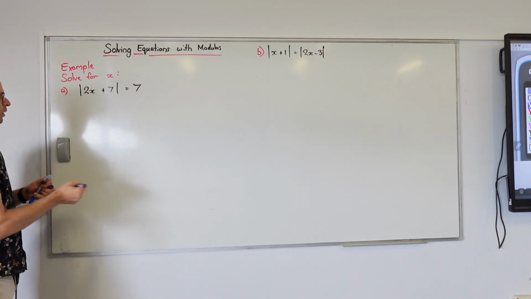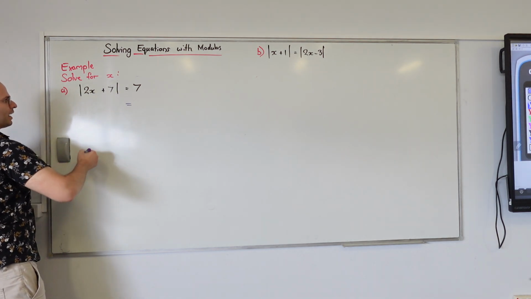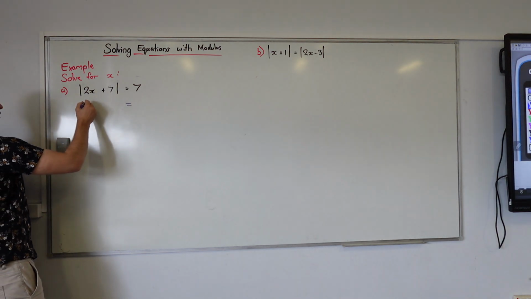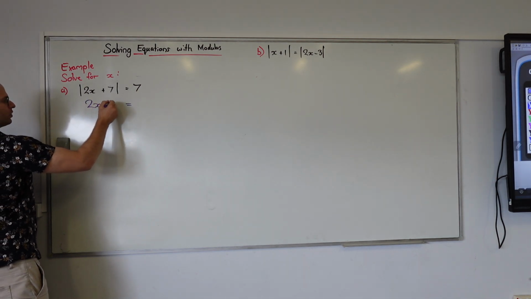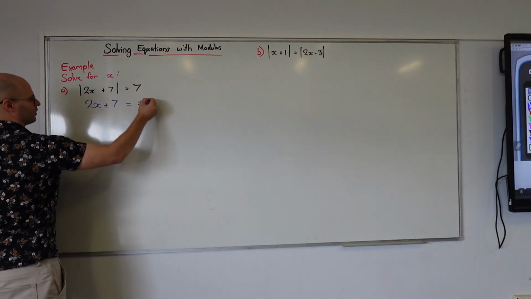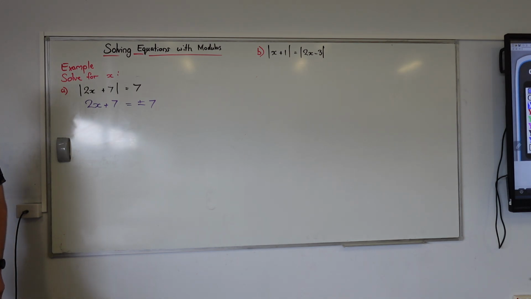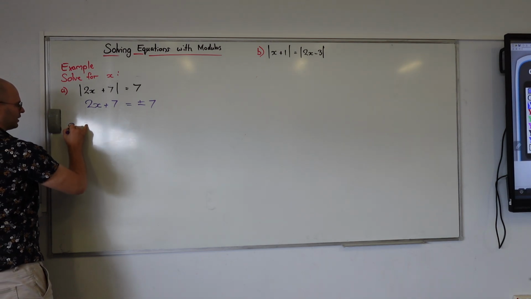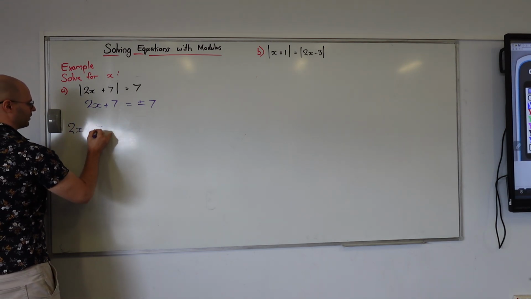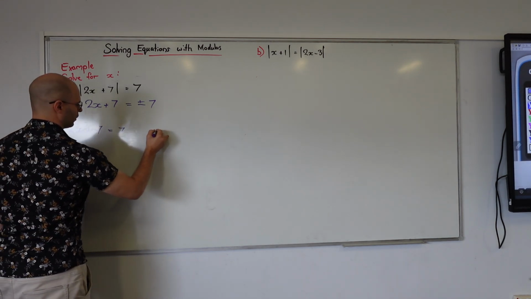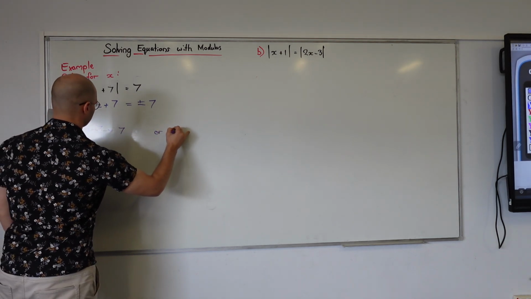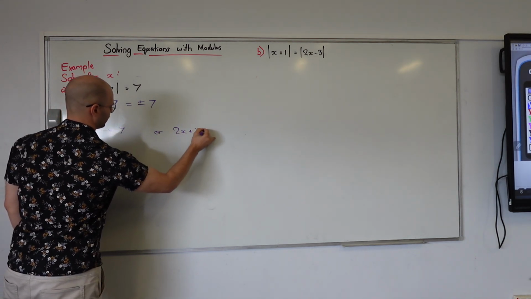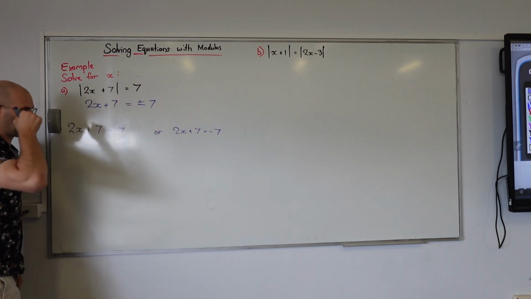So what we do when we're trying to solve these is we are allowed to unwrap the modulus symbol, where the consequence is we have a plus or minus 5. Now, because you've got plus or minus 5, you're going to get two conditions. First condition is 2x plus 7 equals 5, or you're going to find that 2x plus 7 equals minus 5.